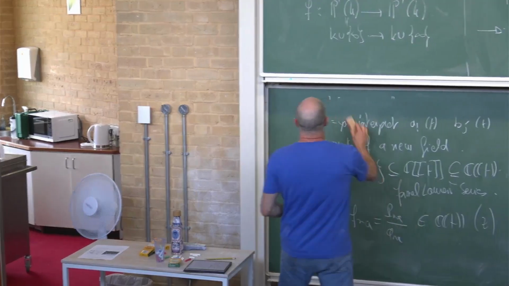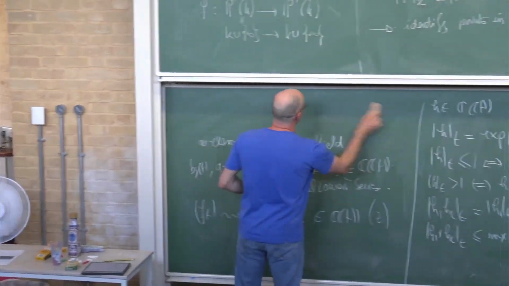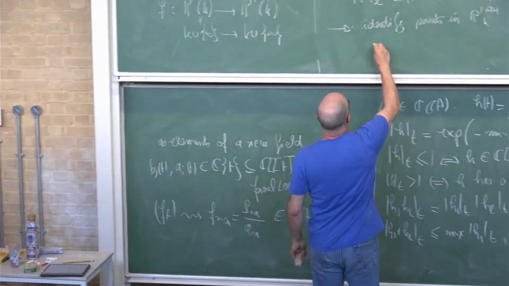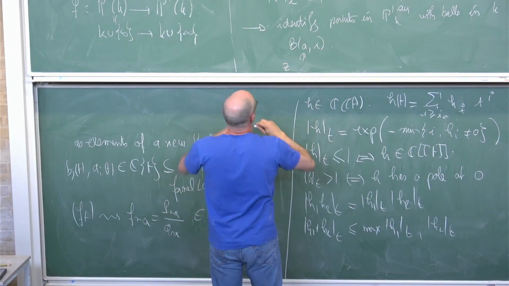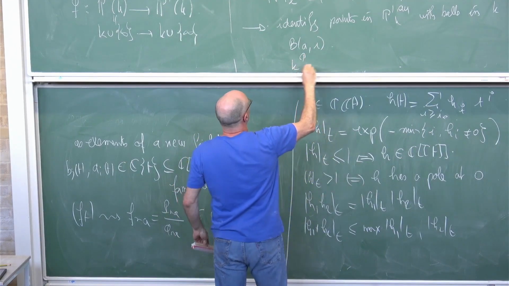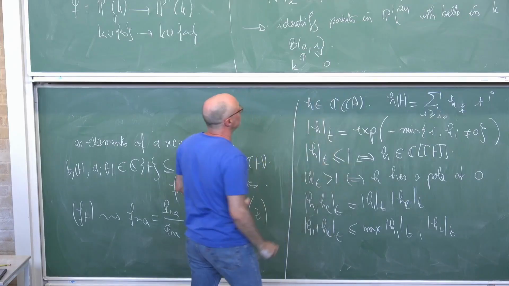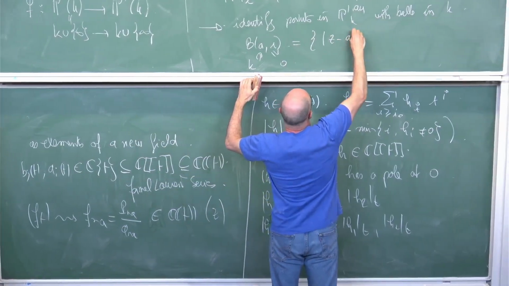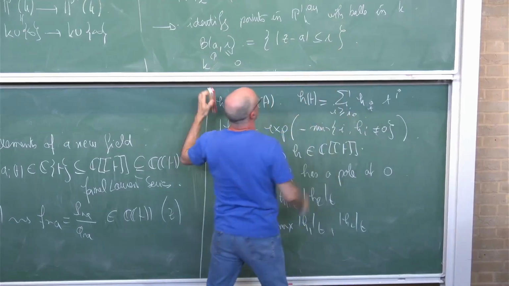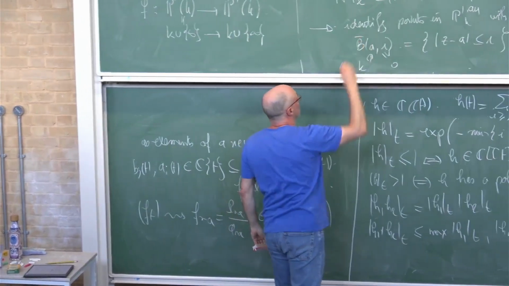So what I'm going to explain is that if you take a ball, so what is a ball? A ball has a center and a radius. So here A is inside K. The radius is non-negative. So you look at all the points such that the norm is, let's say, less or equal to R. Maybe this is a closed ball.